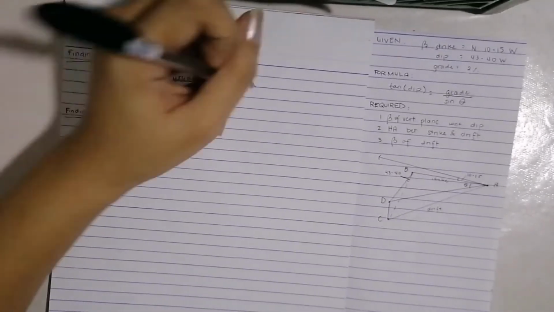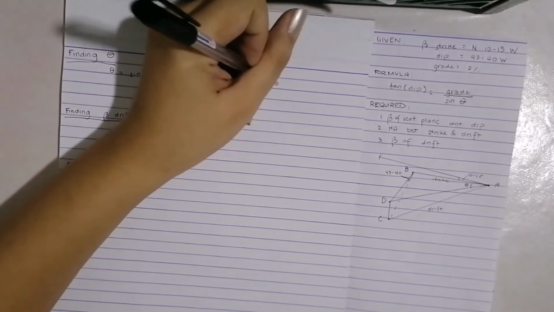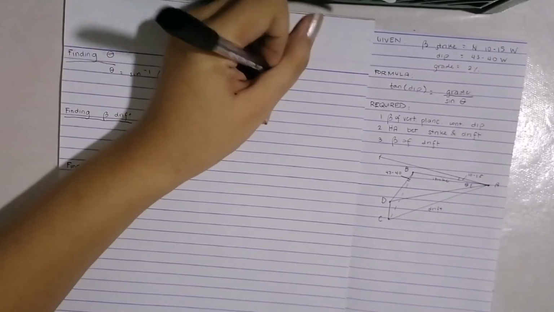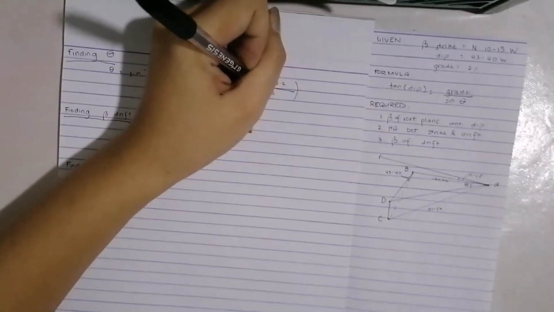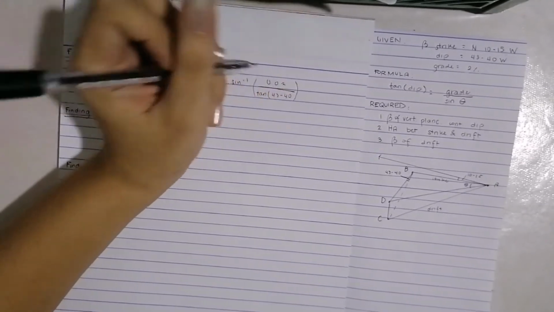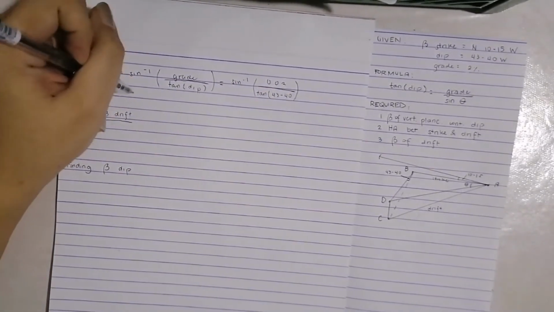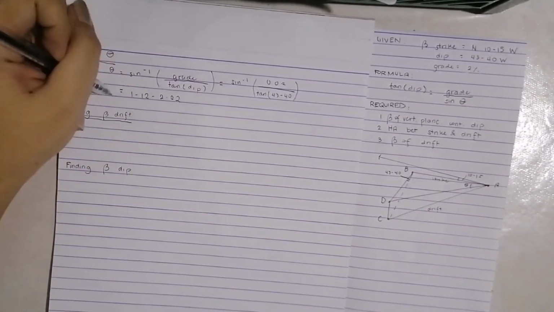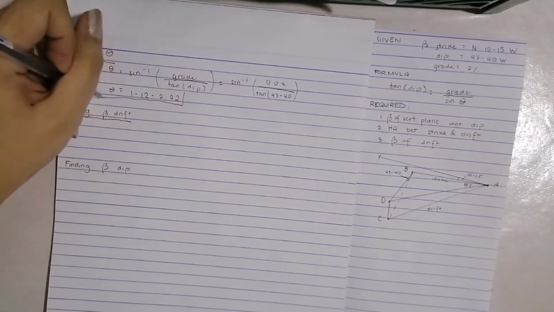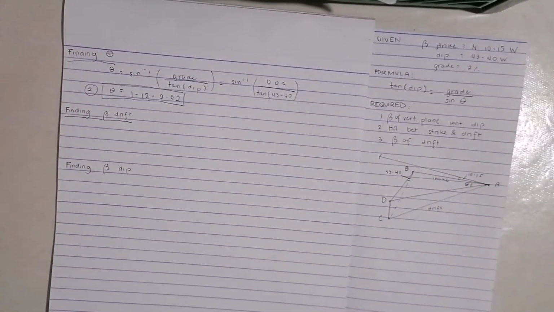Plugging in the values, sine inverse of 0.02, galing din sa 2% ng grade, divided by tangent of 43 40. Solving for that, and we get 1 degree 12 minutes 2.22 seconds. So, meron na tayo sagot for number 2.